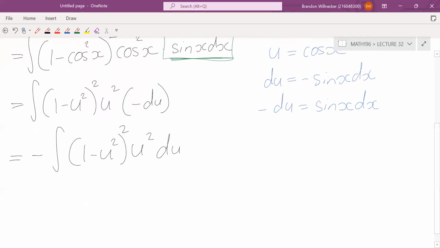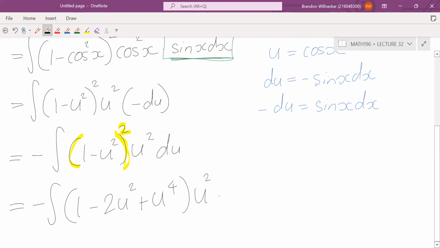Now we need to figure out this over here. Okay, but that's not too bad. We can just use some expanding, and then we can use the power rule. So if we expand this first bracket here, because it's all of that squared, this is going to give us 1 minus 2u squared plus u to the 4.